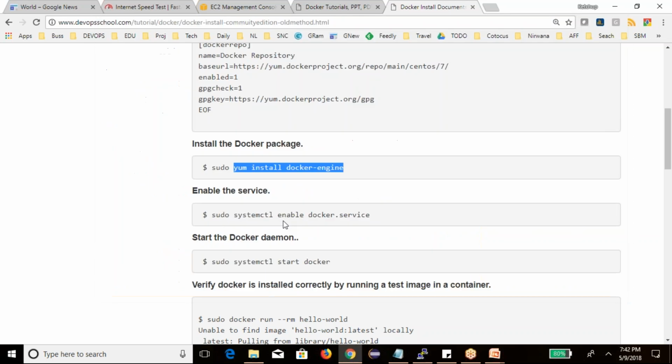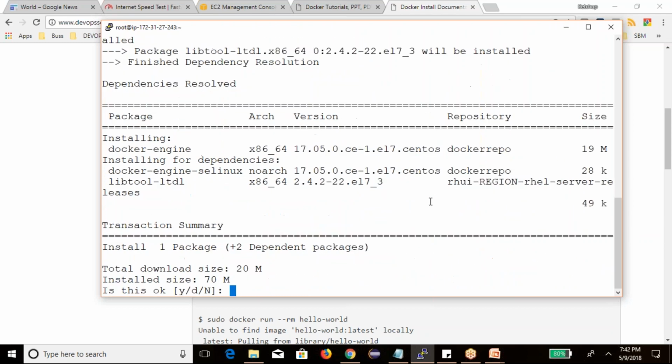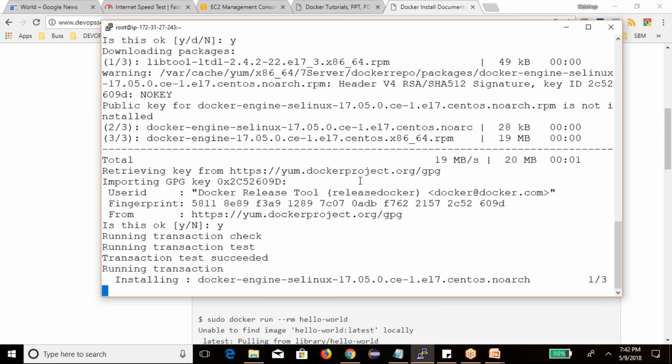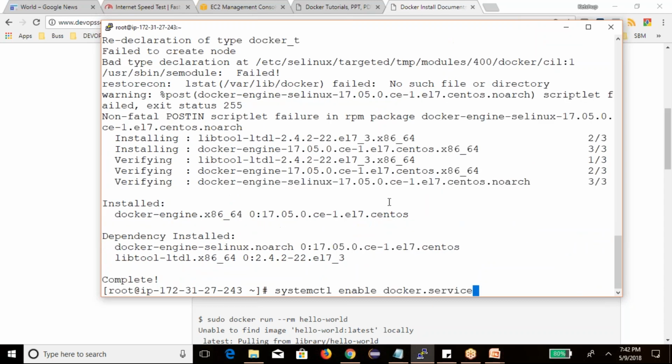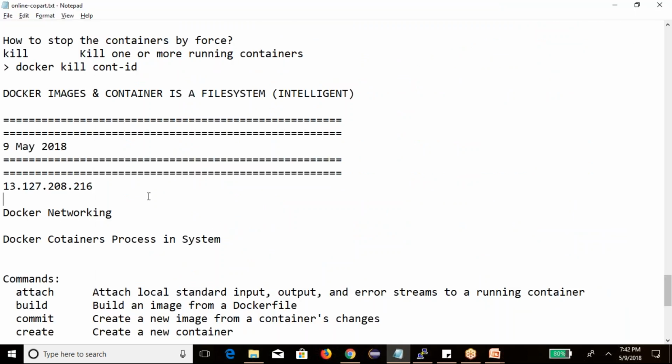Okay, and now I'm enabling the services. Remember, guys, I have not started the Docker services. Okay, so be mindful about it.